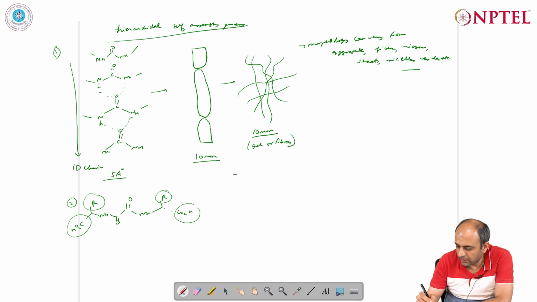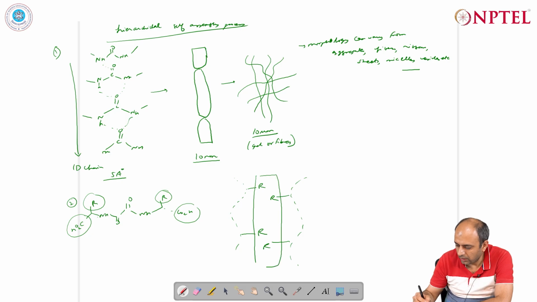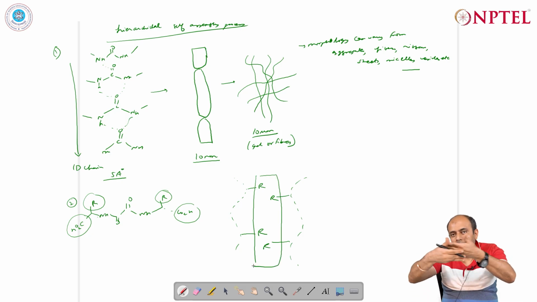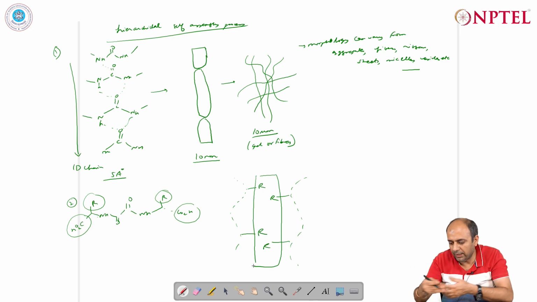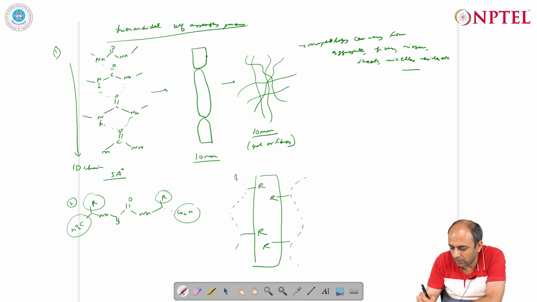So the polar parts can form hydrogen bonds, and the non-polar parts can get entangled with each other, get cross-linked via this pi-pi stacking, and then the strong hydrogen bonds are mediated by these OHO hydrogen bonds.